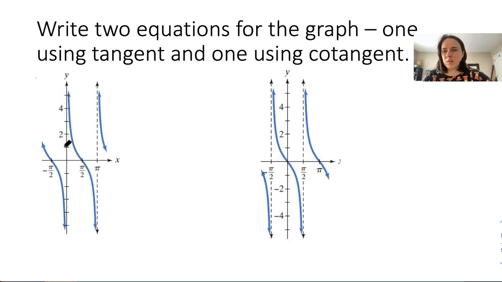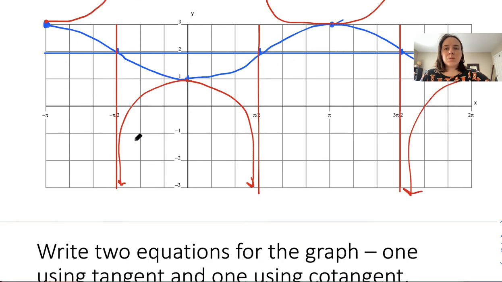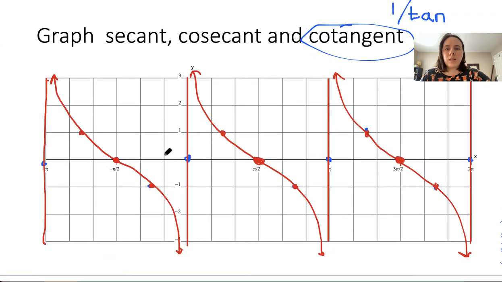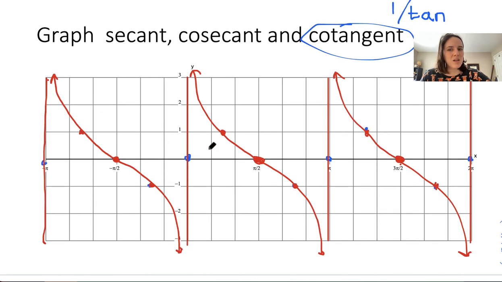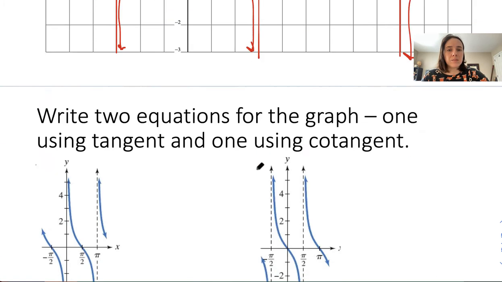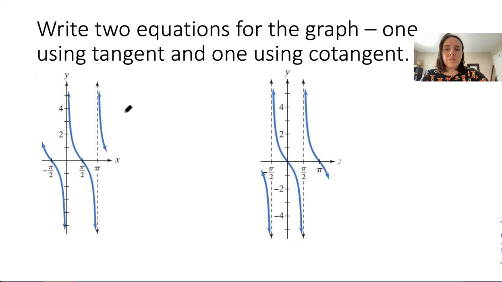Notice we have a vertical asymptote at 0, we're decreasing, starting high and getting low, and we cross at pi over 2. Since we're decreasing, that looks like a cotangent already. So this graph on the left is actually already cotangent.